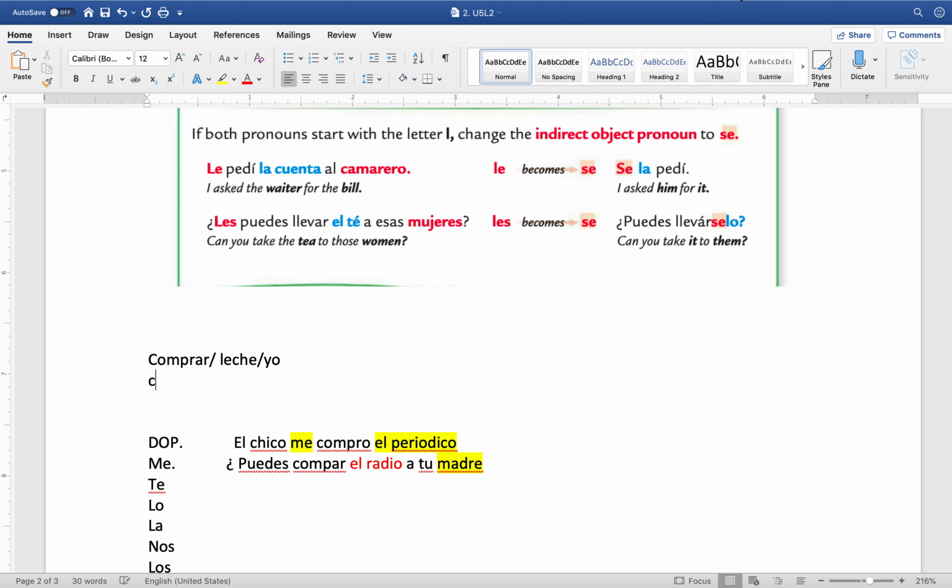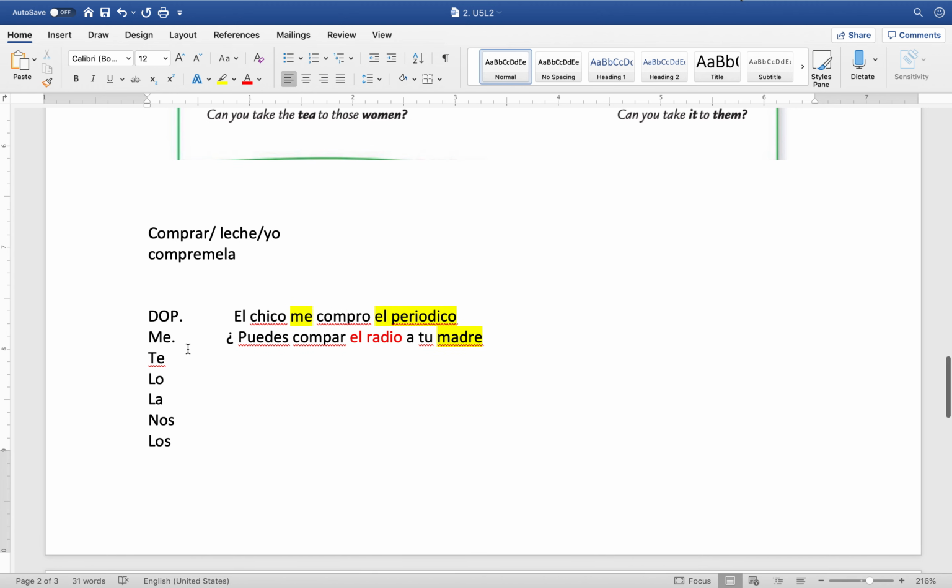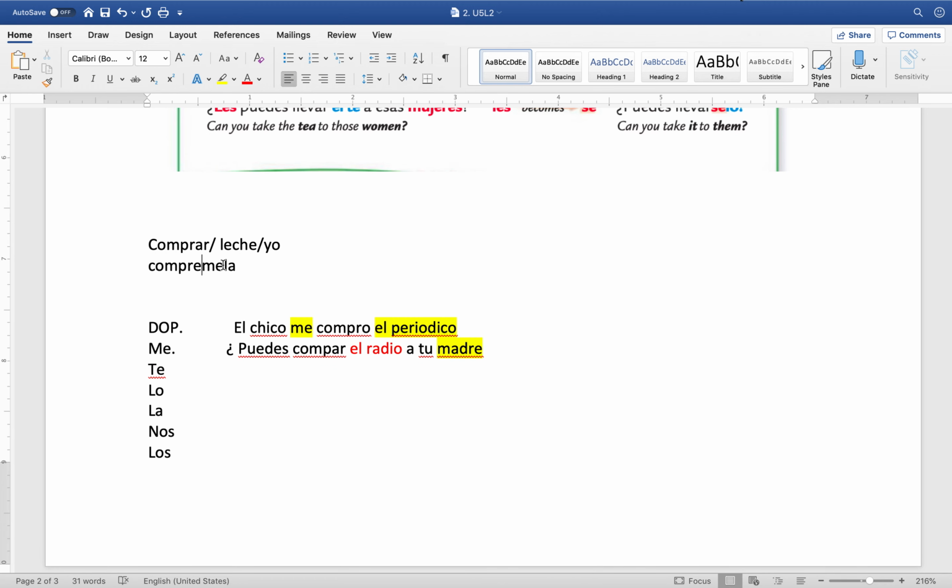Cómpremela. Compre is the command of comprar. Me is the indirect, because you're going to buy it to me, and it, which is milk, will be la. Cómpremela, of course with an accent mark.